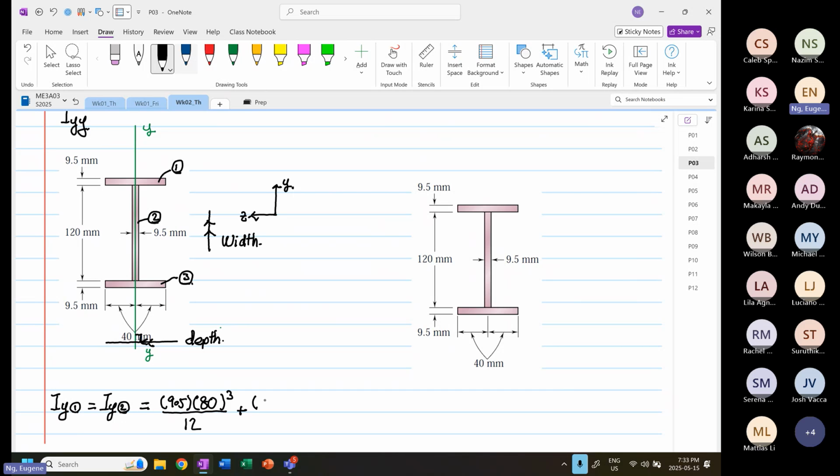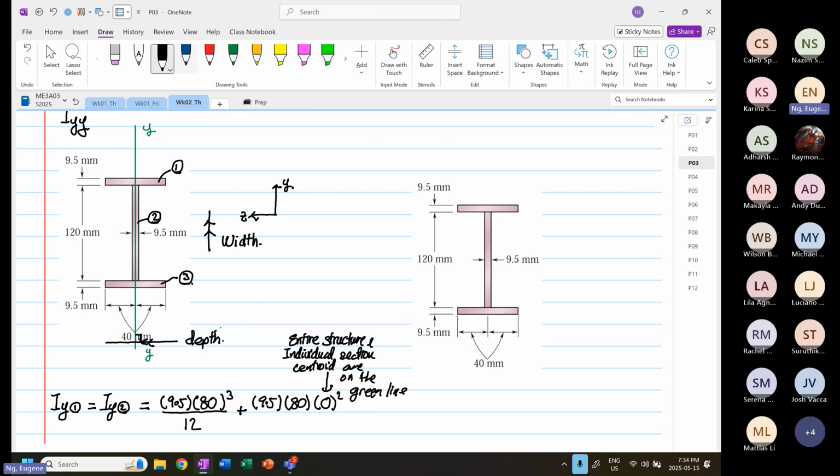And then we have 9.5 multiplied by 80 times a term that is equal to 0, because the entire structure's global centroid and the individual section centroid are on the green line.